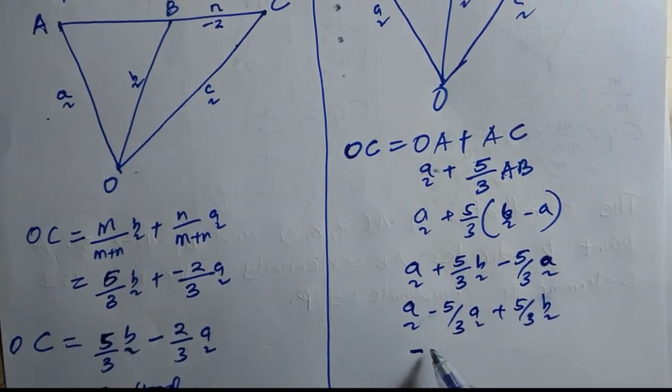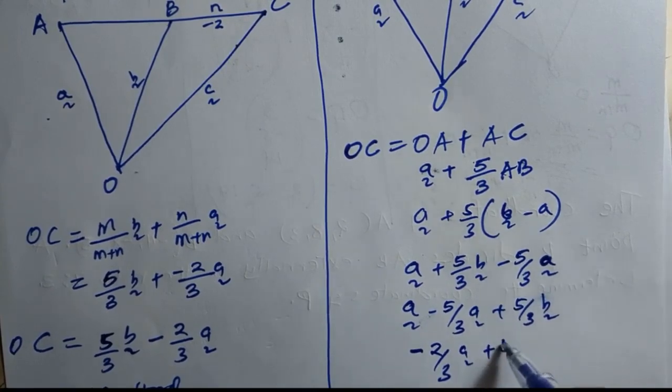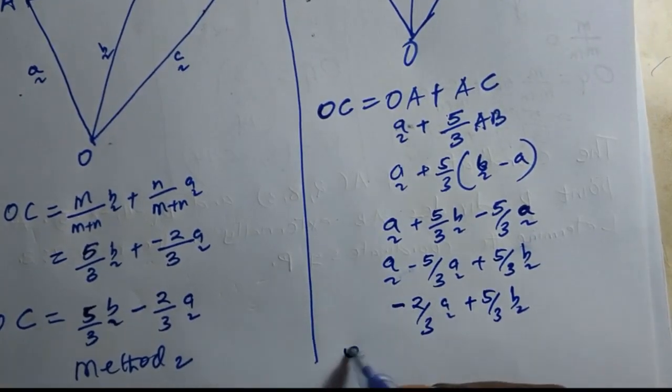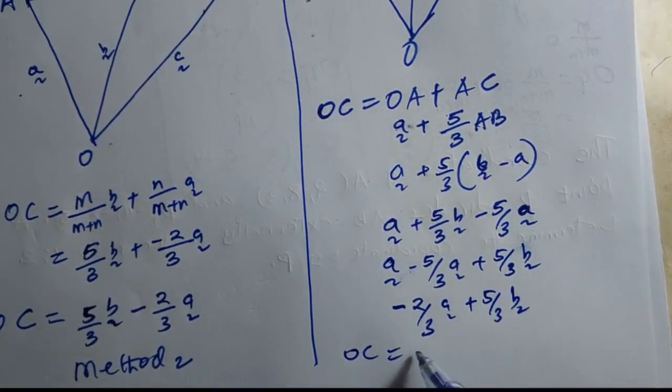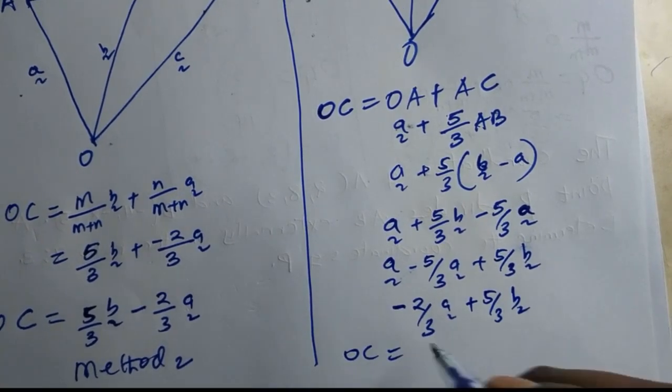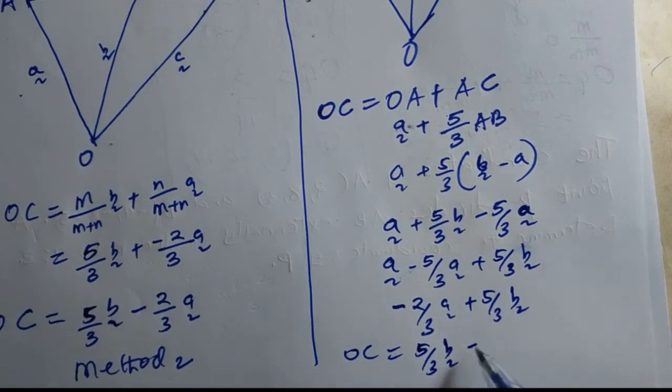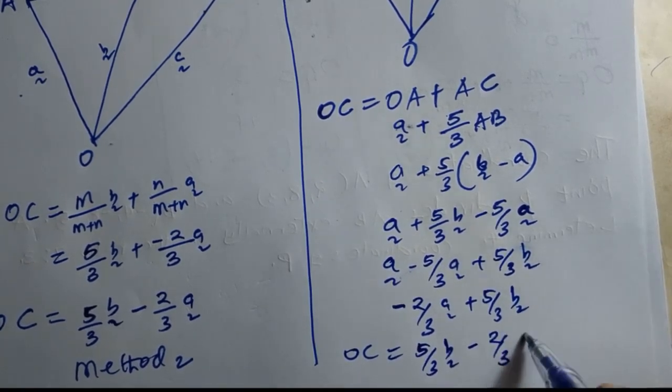This one is going to be minus 2 over 3 a plus 5 over 3 b. So OC is equal to, starting with positive, 5 over 3 b minus 2 over 3 a.